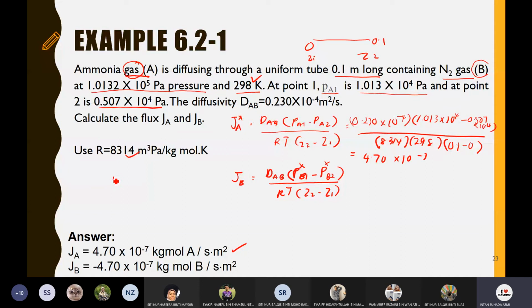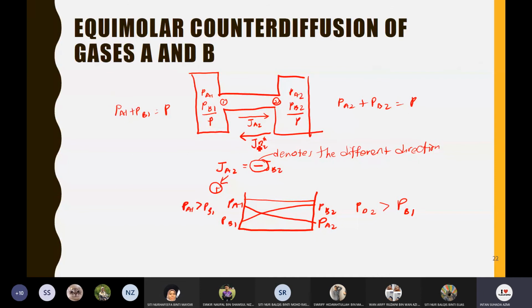PB1 is equal to P total minus PA1. Maybe you cannot clearly see, so I move back to this slide. You want to know PB1 and PB2, right? It's given here that PA1 plus PB1 is the total of P. So if you want to find PB1, then just P minus PA1. Then if you want to find PB2, just P minus PA2.